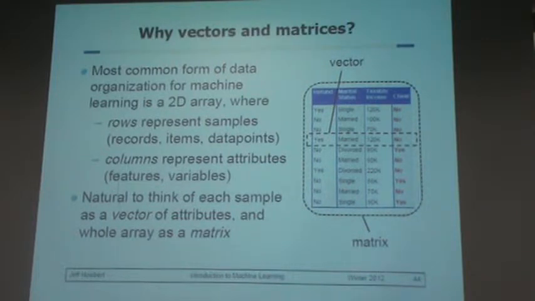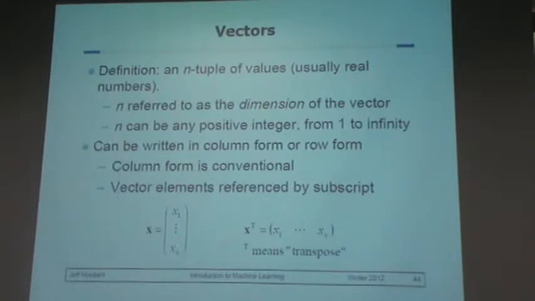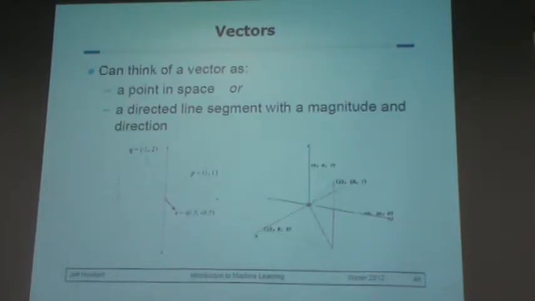This vector consists of four attributes: education, marital status, taxable income, and cheat. So this is the vector, and if we have a number of vectors, it can be represented by a matrix. It's two-dimensional data. A vector can be understood as a point in multi-dimensional space, like this.